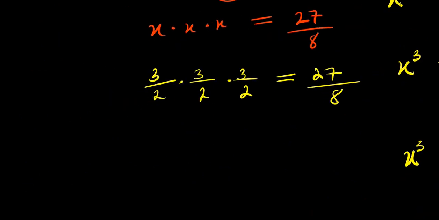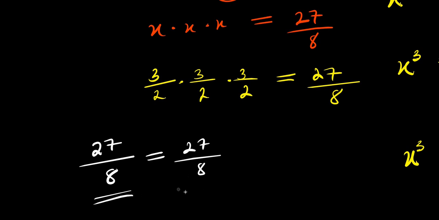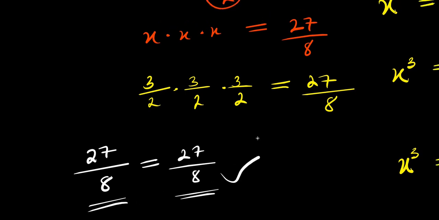So from here, I will multiply this numerator. 3 times 3 is 9. 9 times 3, this is 27, divided by 2 times 2, 4, times 2, this is 8, and this equals 27 divided by 8. Left hand side, right hand side are the same.